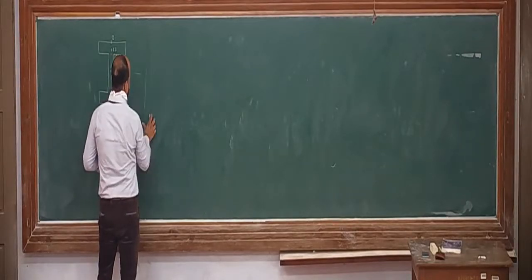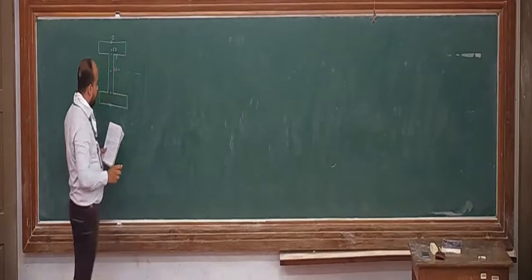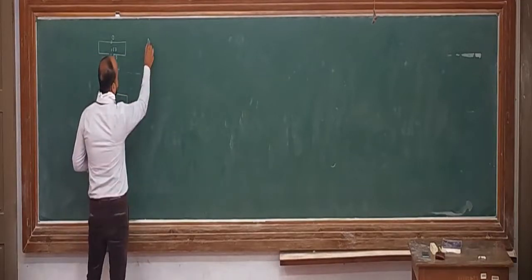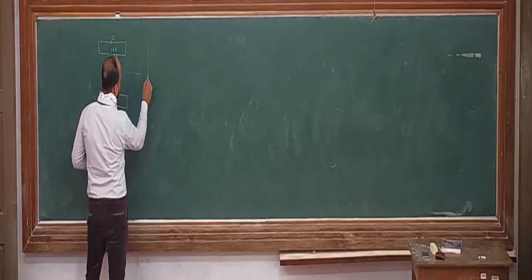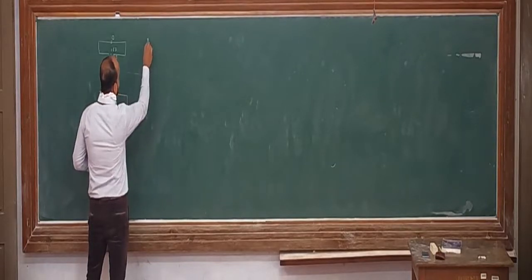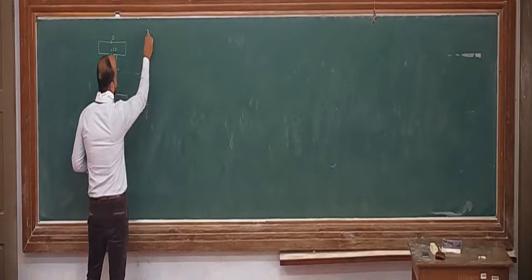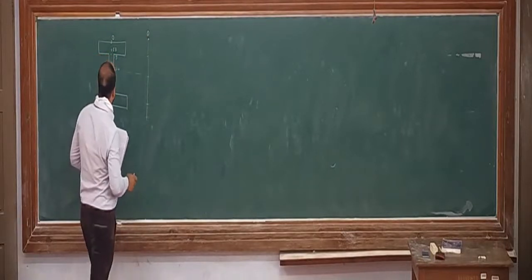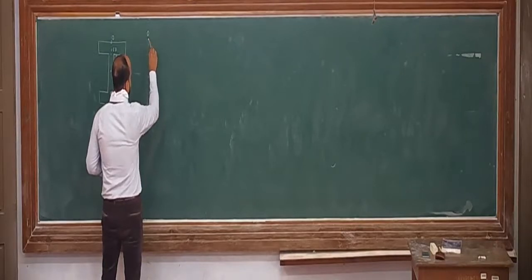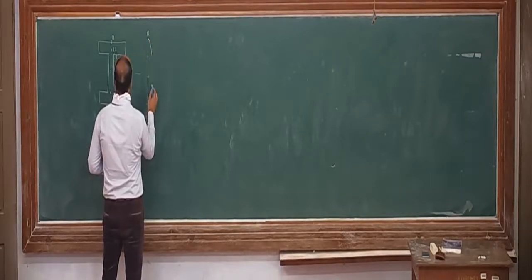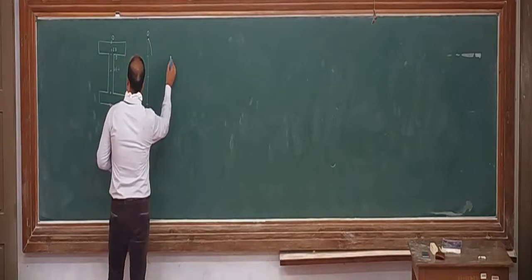Parallelly, I'll draw this. These are the salient points. So it is 0 here. Then we have 1.57. Then again at the same location we have 19.